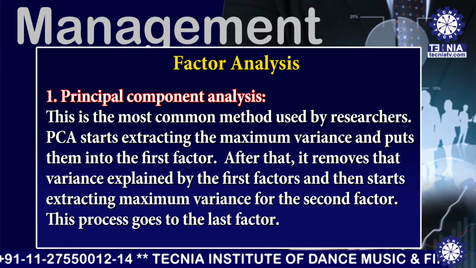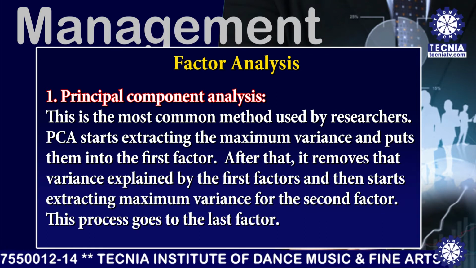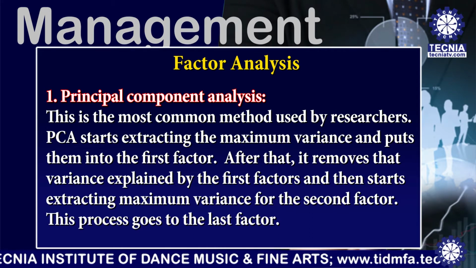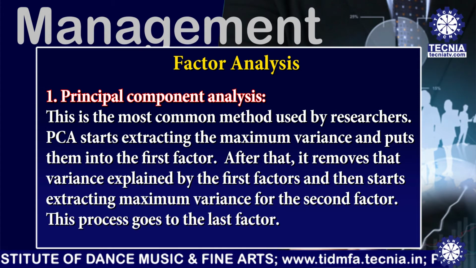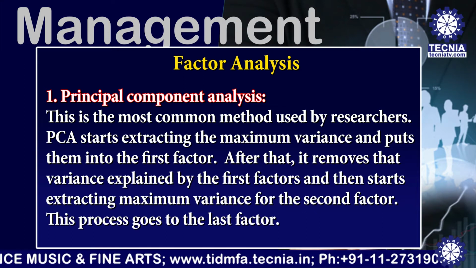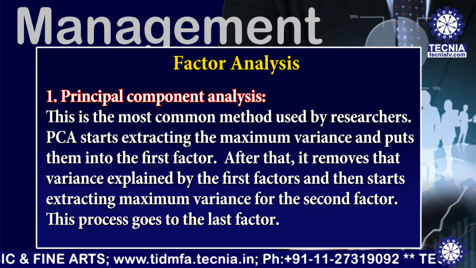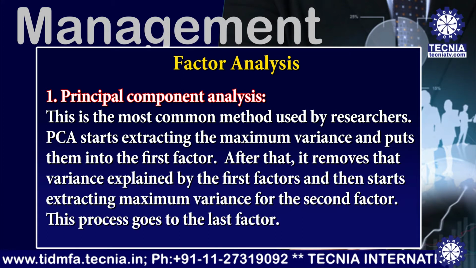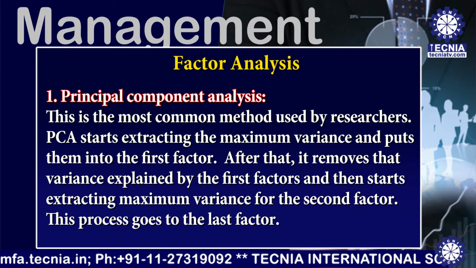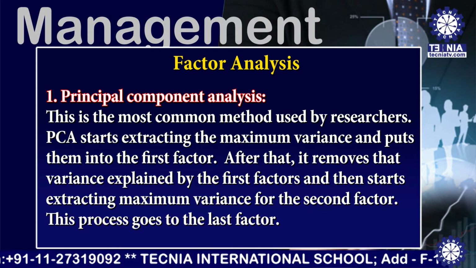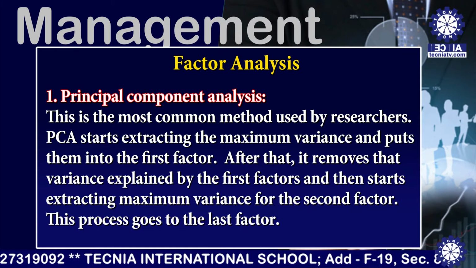PCA starts by extracting the maximum variance and puts it into the first factor. After that, it removes the variance explained by the first factor and then starts extracting maximum variance for the second factor. This process goes on to the last factor.